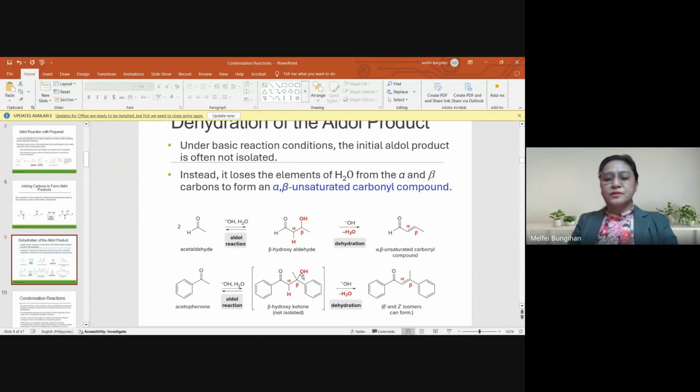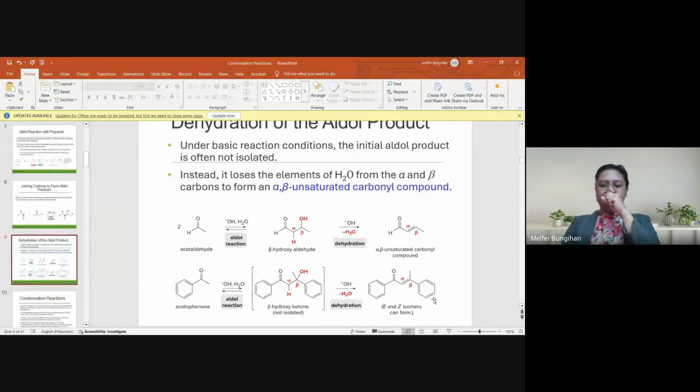So this now is your beta hydroxy carbonyl compound, but this is not isolated. It usually undergoes the dehydration process, and so you form your alpha beta unsaturated compound from your ketone.